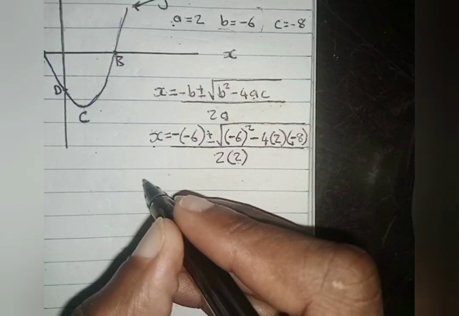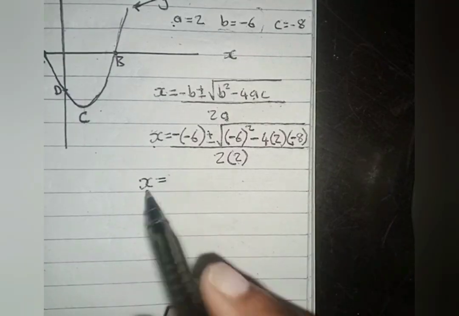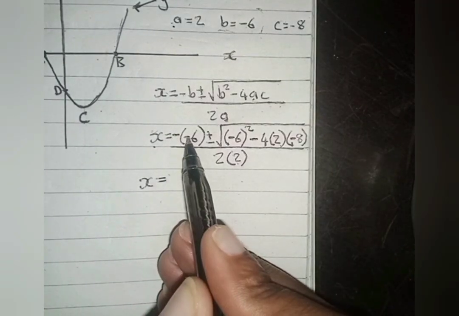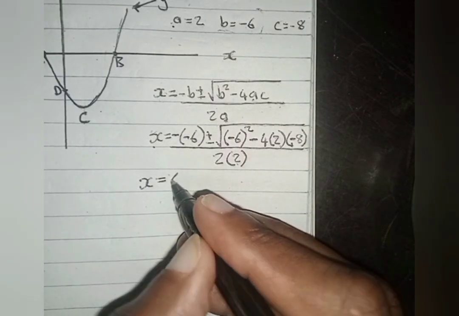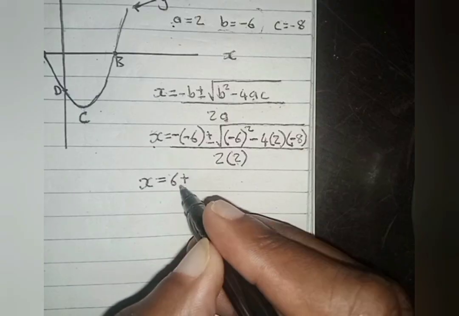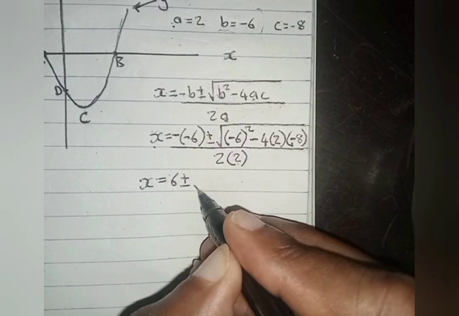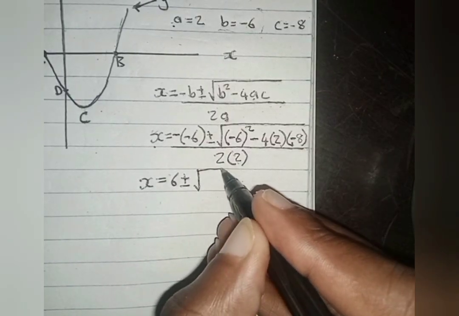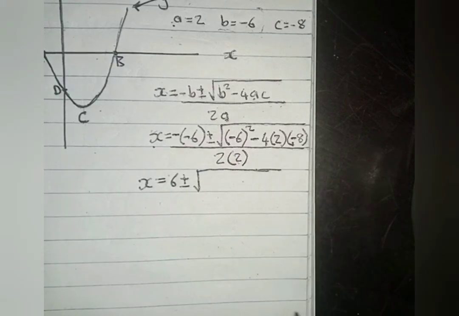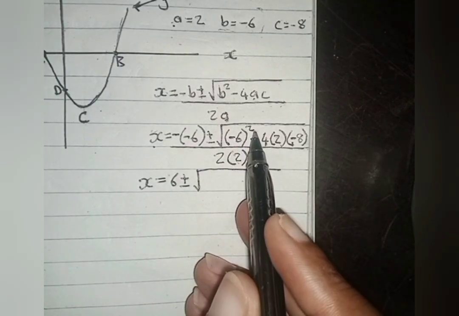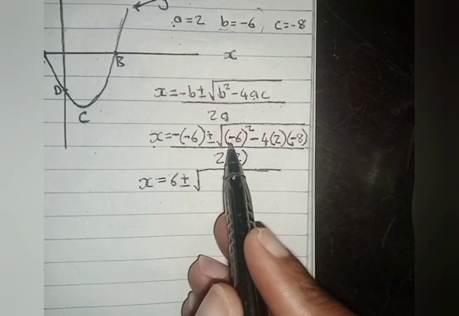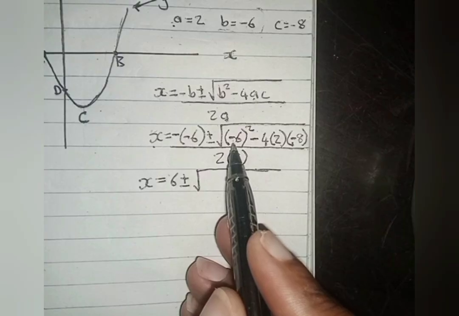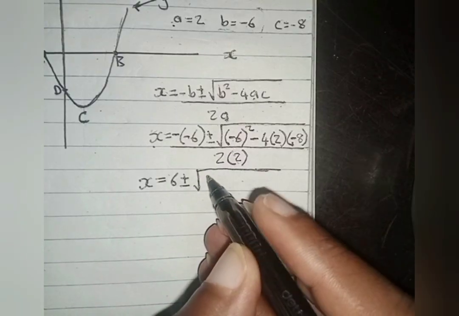We have x is equal to negative times negative, positive. So here we have +6, then plus and minus. Then we have the square root, like that. -6 squared, this means -6 times -6. So -6 times -6, we get +36.